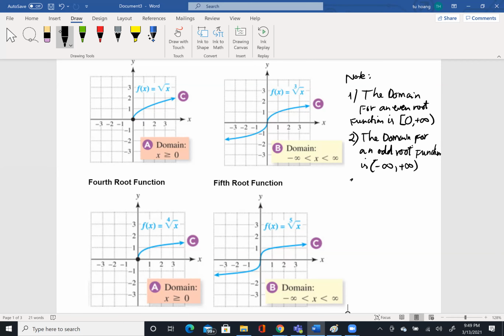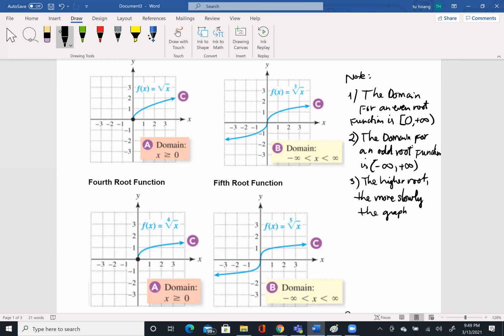Number 3, the higher the root, the more slowly the graph increases.